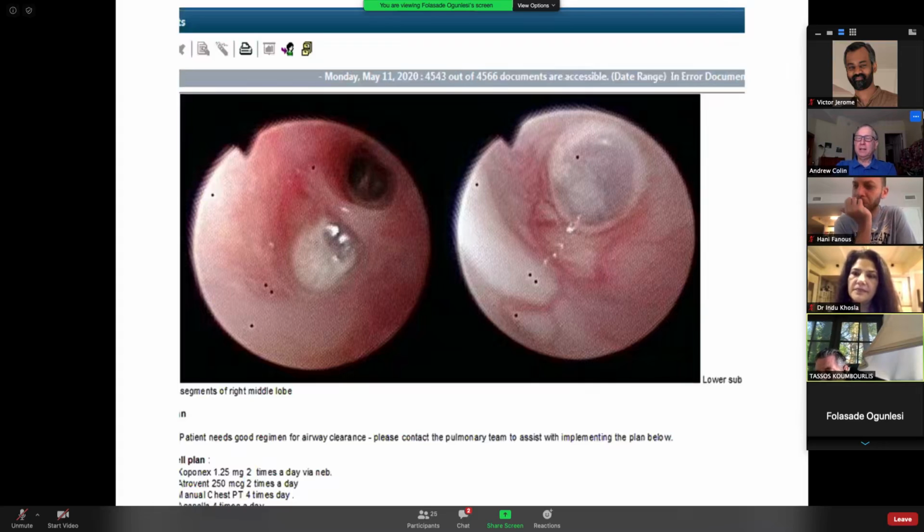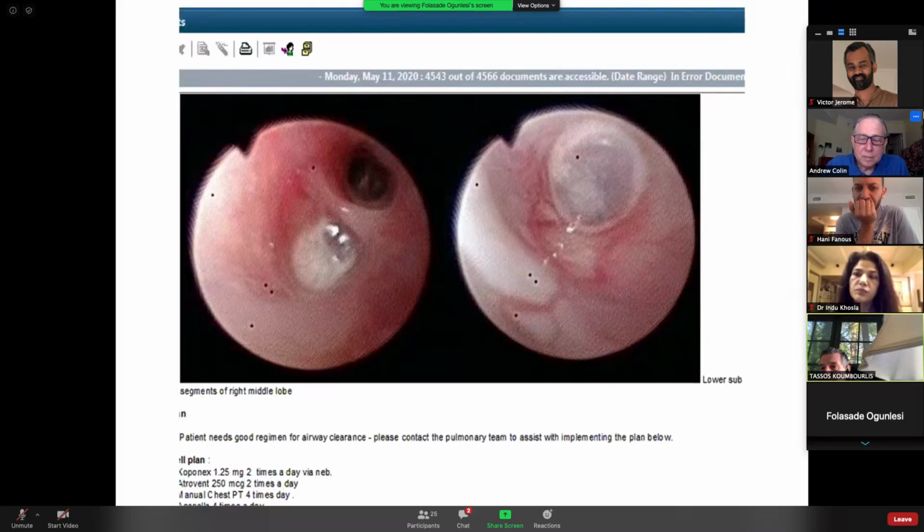We put anything that we could instill inside, and they were breaking pretty easily. However, they were forming right back. And she had several bronchoscopies, and they would form and they would advance upstream, proximally. And eventually she died, and she literally suffocated.